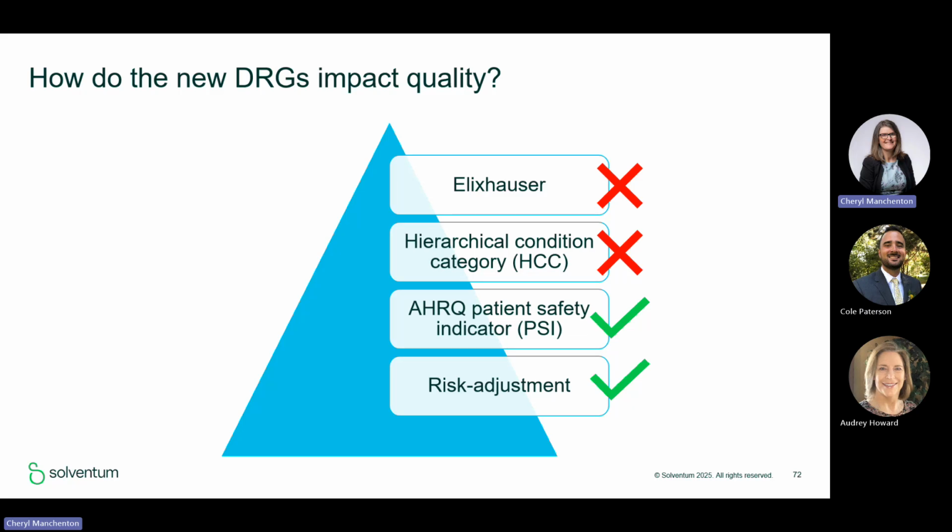Anytime there's a new DRG created, that has huge implications on how we evaluate those patients and the types of conditions that would be expected, or how frequently those complications would be expected following that type of procedure. Or maybe they have lower complications, right? Although resource consumption is higher because we now have an anchor, maybe they have fewer complications. I think time will tell, but it certainly is going to have a direct impact on our quality adjustment.